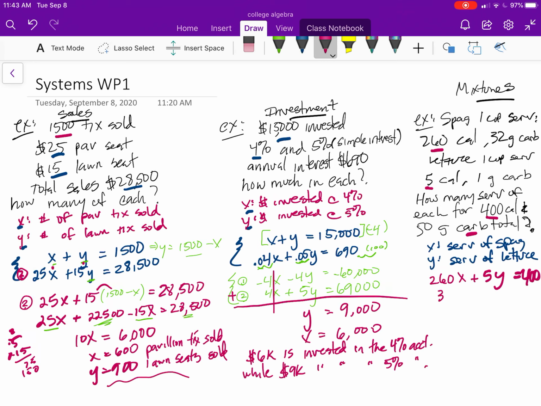Now let's do the carbs. 32 grams per serving for spaghetti and just 1 for the lettuce, and I want 50 total. So this one, maybe they played around with it a bit to make sure it actually could work. I don't know, but that's what's going on.